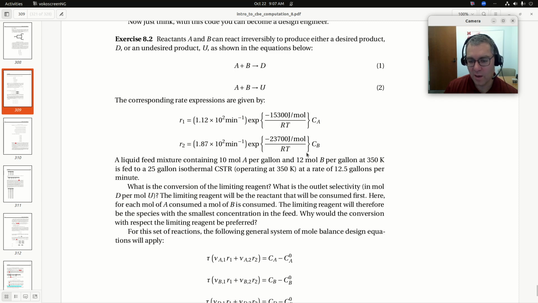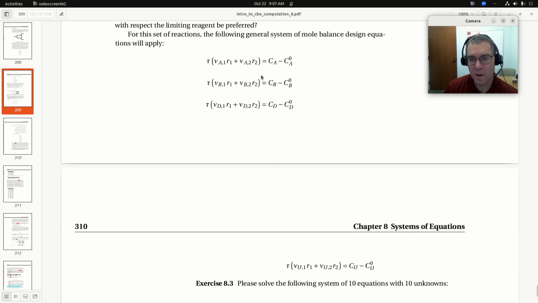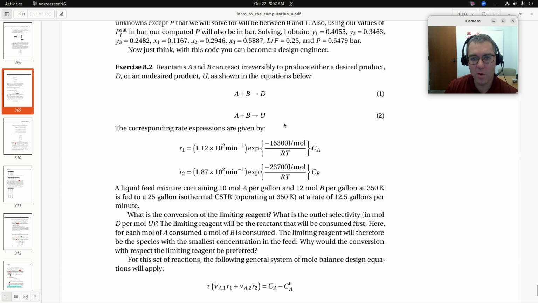Okay, R and T I know. And so when I look at my system of equations, my unknowns are going to be my exit concentrations Ca, Cb, Cd, and Cu as they appear on the right-hand side of my equations, and then Ca and Cb as they appear in R1 and R2. In terms of my inlet concentrations, I know those.